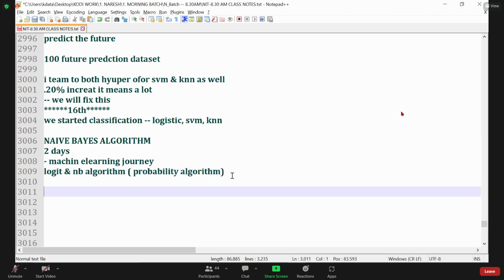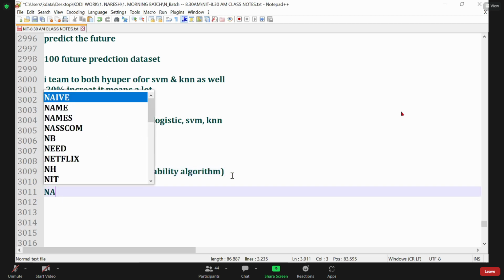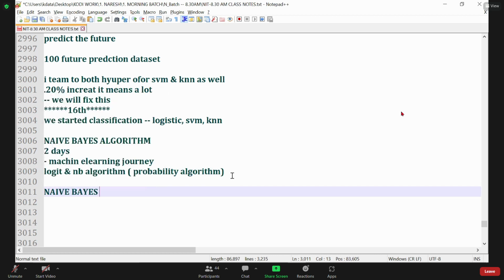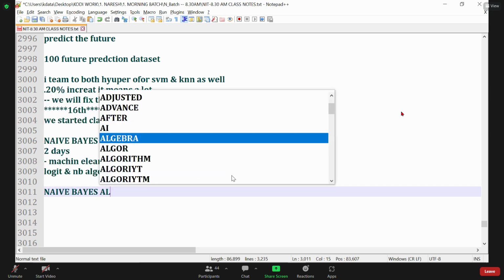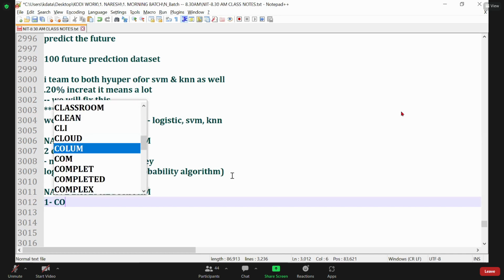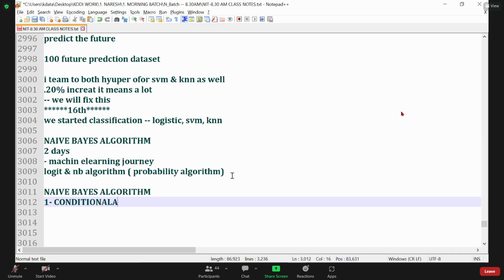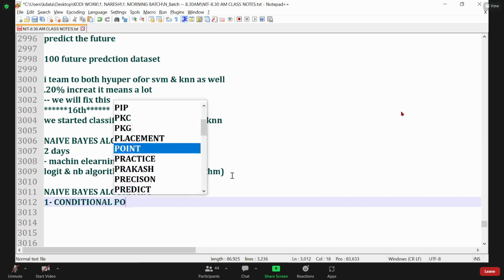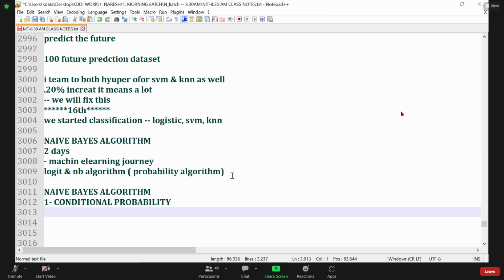To understand the naive Bayes algorithm, first we need to understand what is meant by conditional probability. What is meant by conditional probability? Once we understand conditional probability, then we need to understand Bayes theorem.